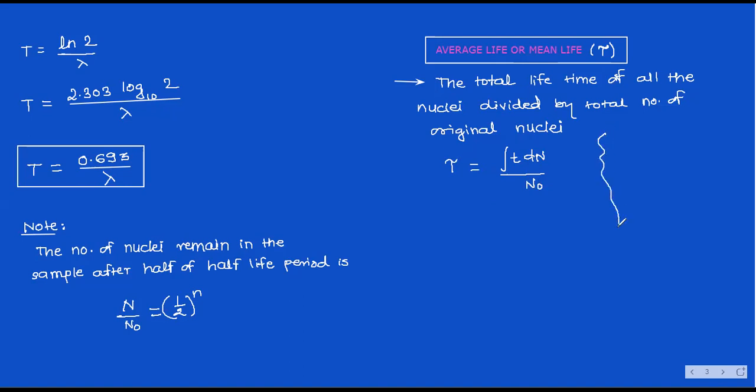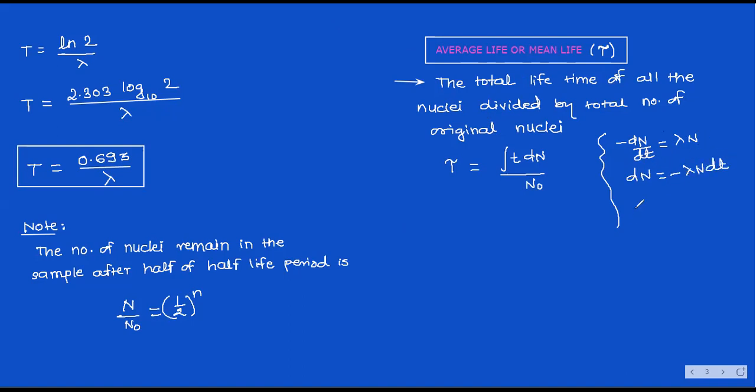But we know, I am doing this side, minus dn by dt is equal to lambda n, right? So I am writing here n, which is our radioactive decay law, and therefore dn is equal to minus lambda n dt.